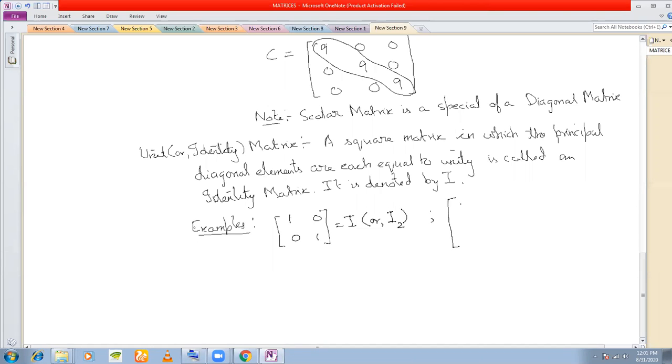This is an identity matrix of order 3, denoted by I or I3. And similarly, you have identity matrices of order 4 also.